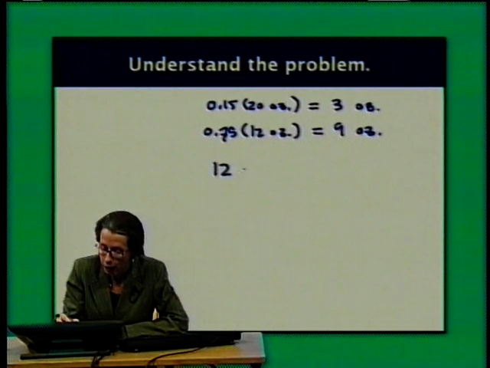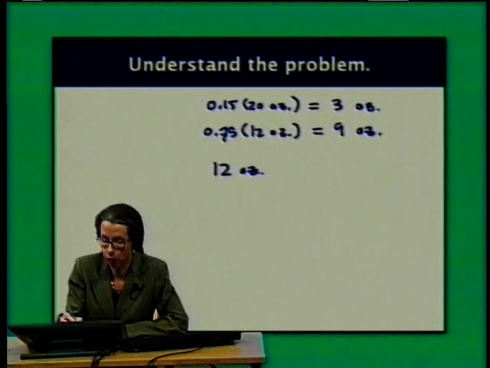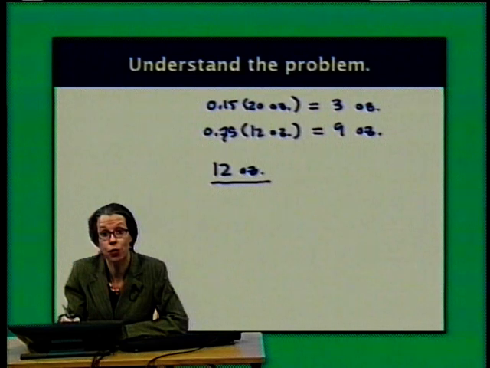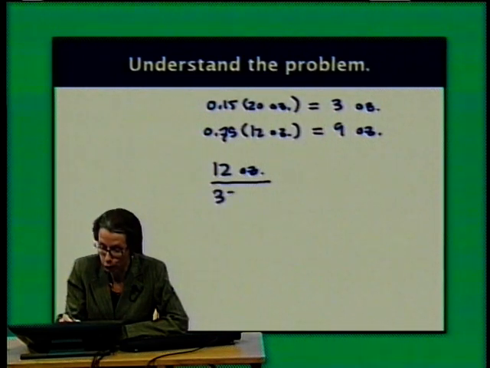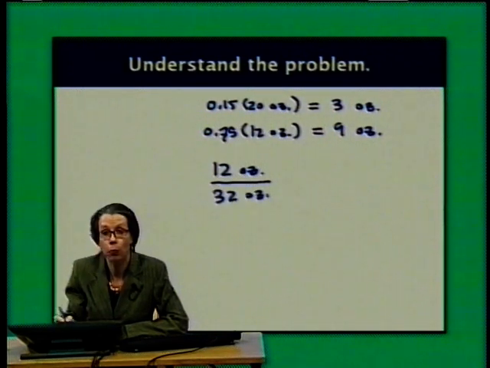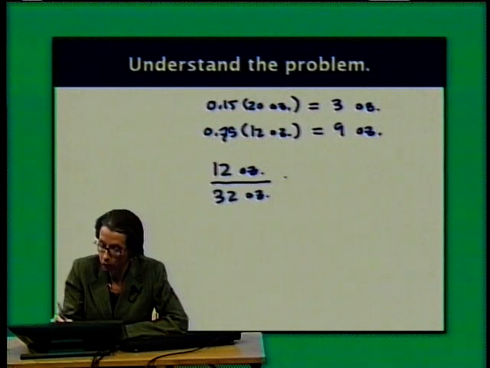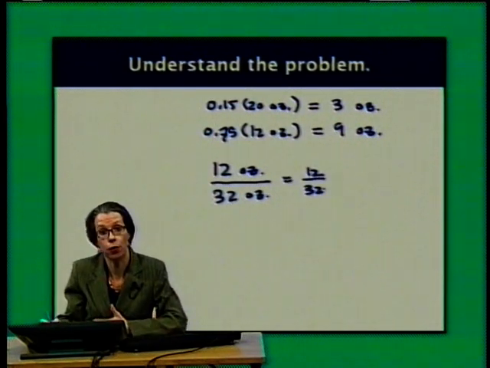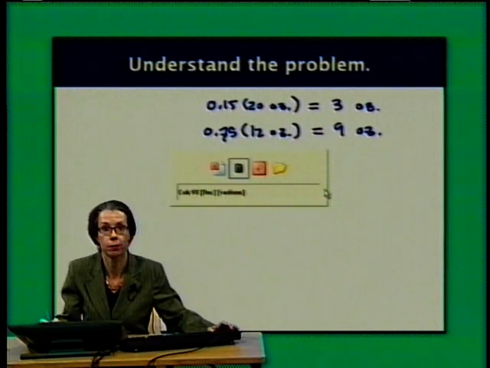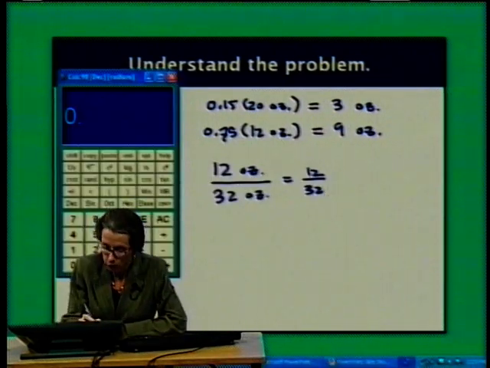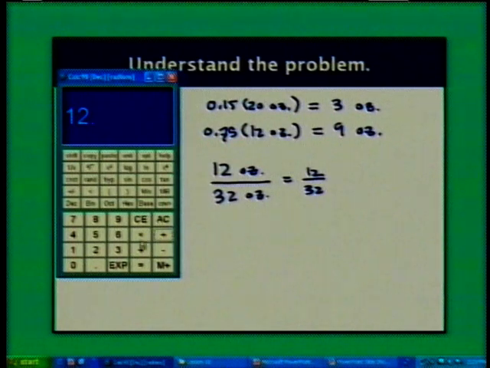So we have 12 ounces of pure fruit juice, and altogether there's 32 ounces of fruit drink, and we want to calculate this percentage. To find this as a percent, I'm just going to divide 32 into 12. So 12 divided by 32 is 0.375.